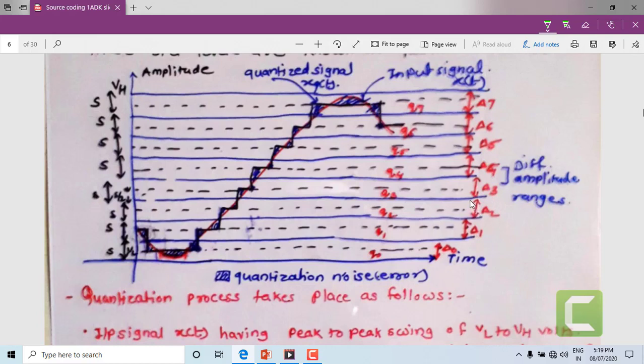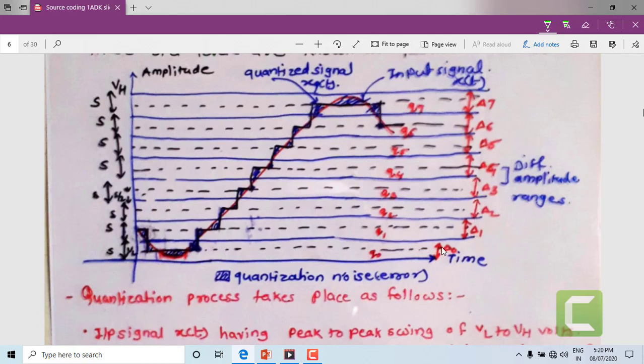In between these dark blue lines, we see dotted lines, which are the quantization levels, also called thresholding levels, the predefined levels where these ranges of values are rounded off.